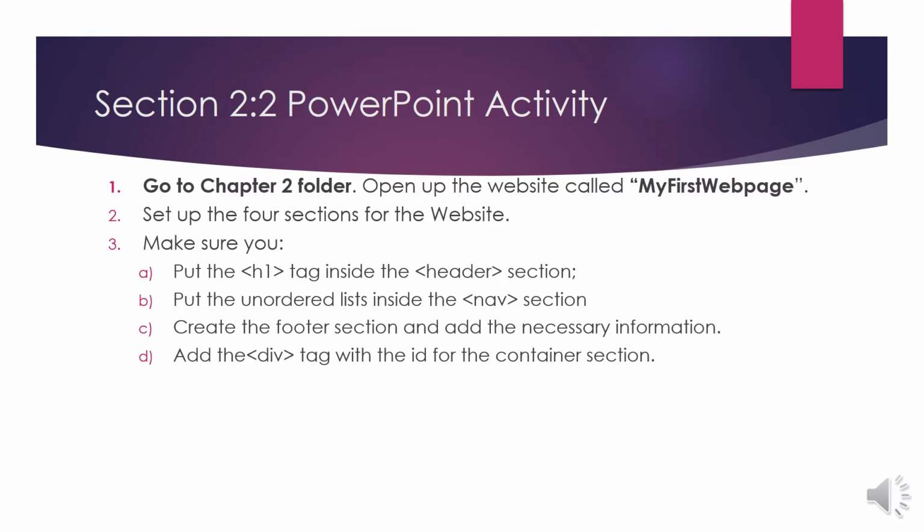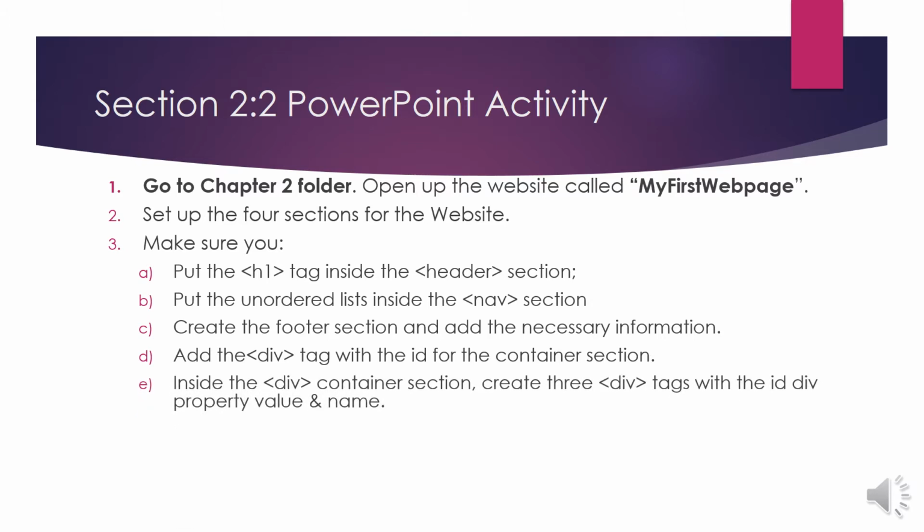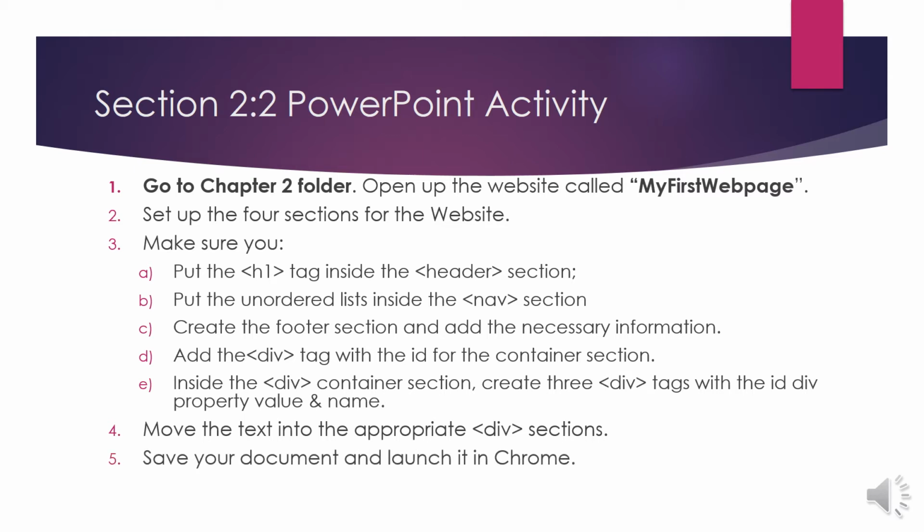Add the div tag with the ID for the container section. Inside the div container section, create 3 div tags with the ID, div property value, and name. Make the text or move the text into the appropriate div sections. Save your document and launch it in Chrome. Try it out in 2 other browsers. Validate your codes in the HTML validator. Then call me over to review your work.